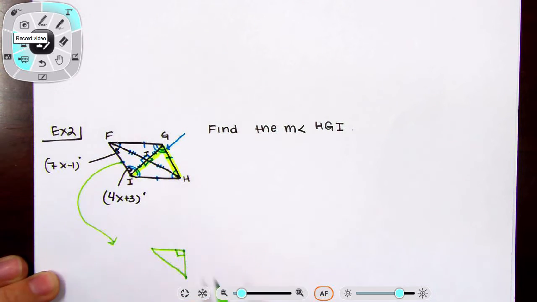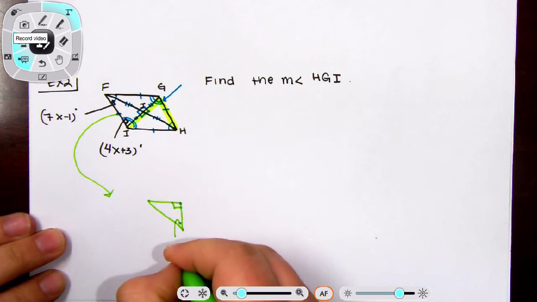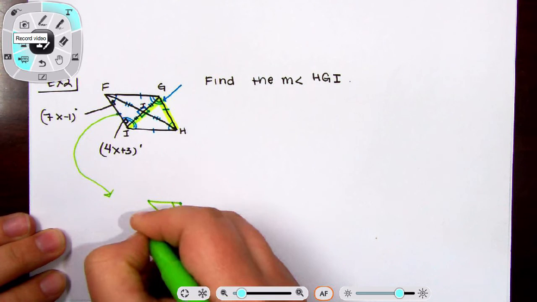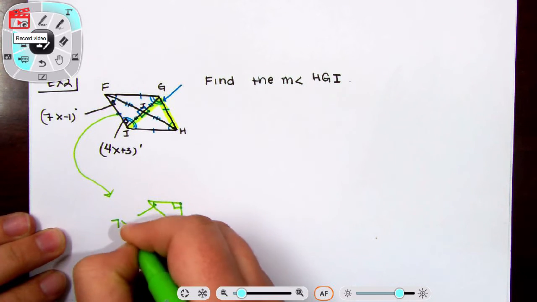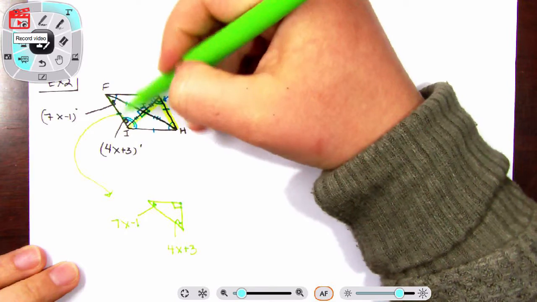I have a 90-degree angle there. I know that this angle measure right here is 4x plus 3, and this angle measure right here is 7x minus 1. Now notice that we have a complete triangle. Maybe I will shade it. It's this triangle right here.